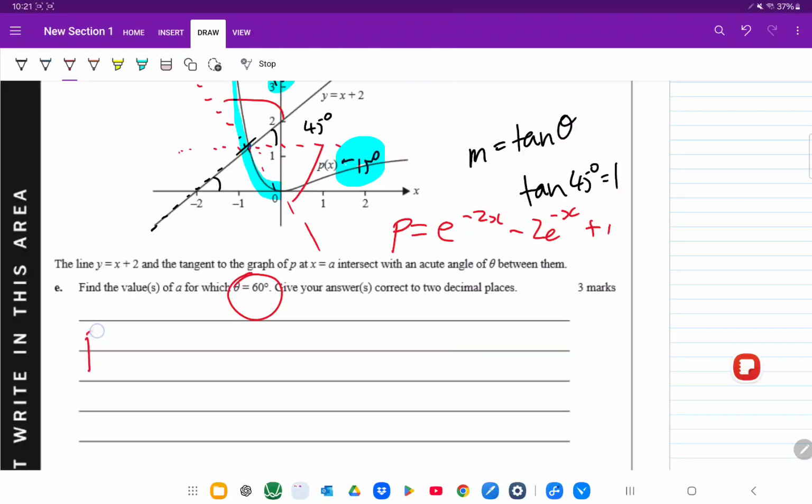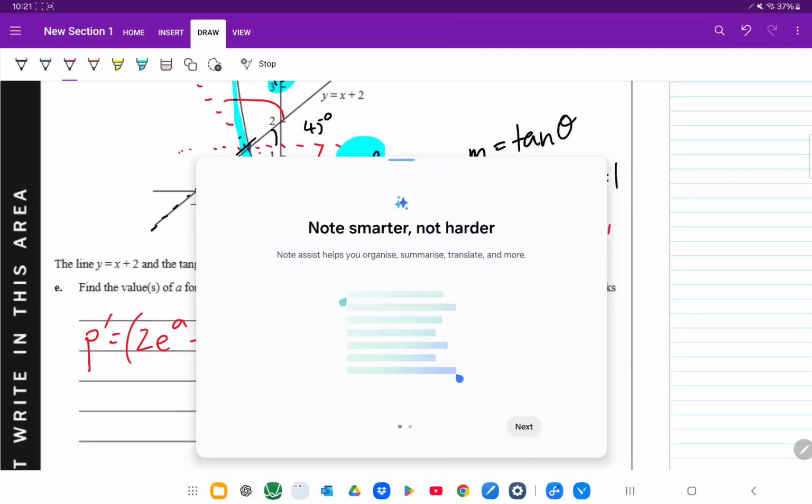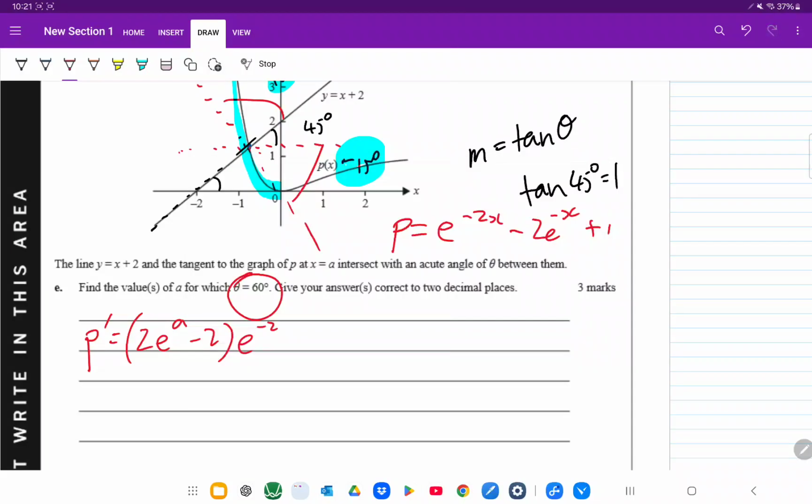If we find what P dash is, since it's a CAS exam, you can just plug this into the calculator and you get 2e to the power of a minus 2 brackets e to the power of negative 2a. I'm going to call this one a in this case, so we're going to make the substitution of x equals a here.